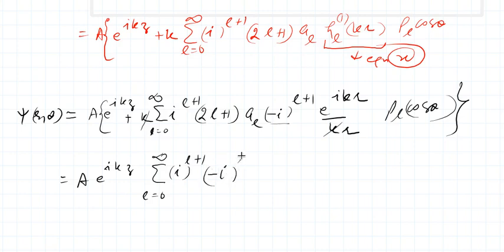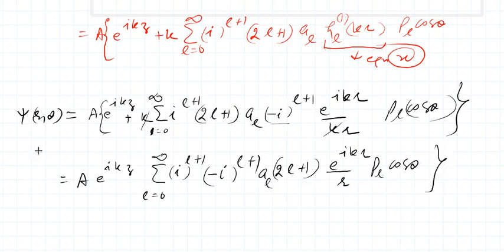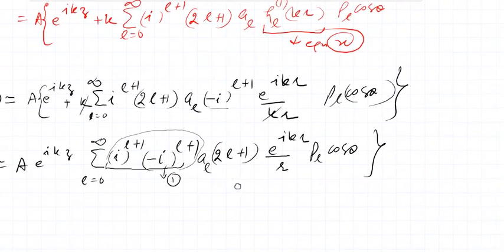It is minus iota raised to power L plus 1, and then 2L plus 1 as it is, and then e raised to power iota kr over r, and AL is also sitting there, into PL cos theta. Let us try to understand what it is, and its value will be equal to 1. This part is equal to 1. How? Let us do a little algebra.